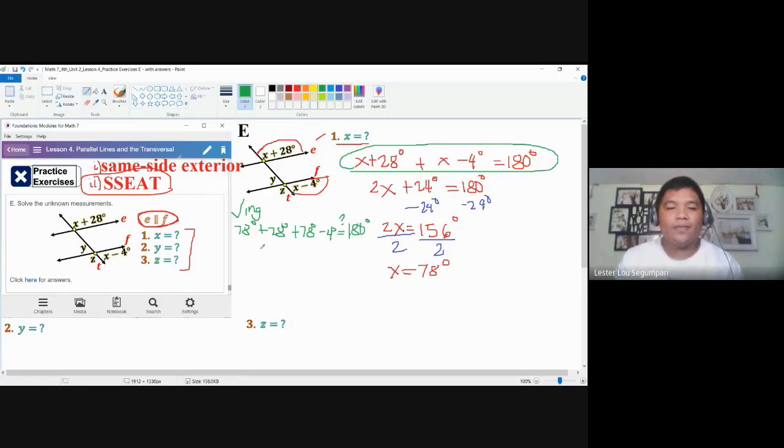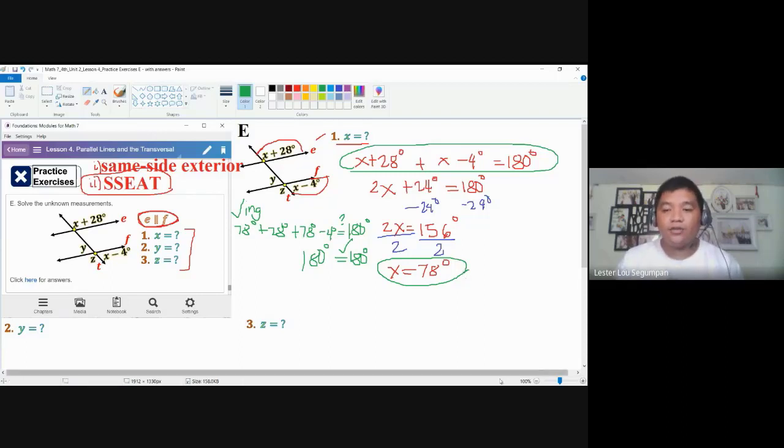Let's see. 78 plus 28 is 106 degrees, plus 78 becomes 184, minus 4, you will have 180 degrees, which is equal to 180 degrees. This would mean that the value for x here is correct.